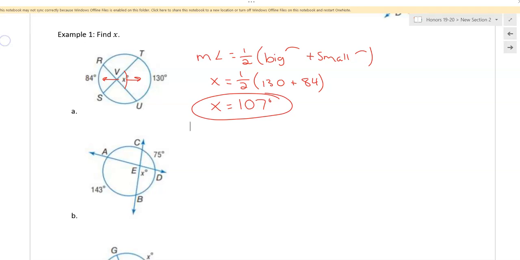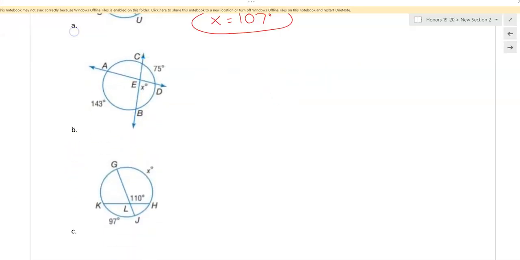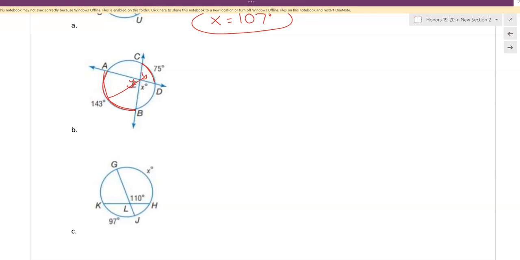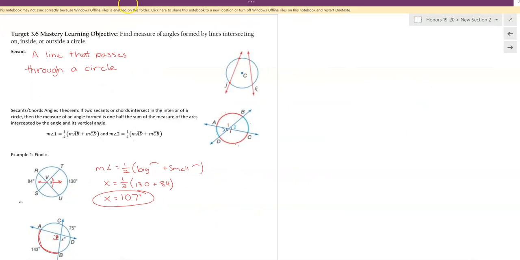Alright, this one's a little bit different because these are the two arcs we have here. I'm just going to put y on one of the angles.